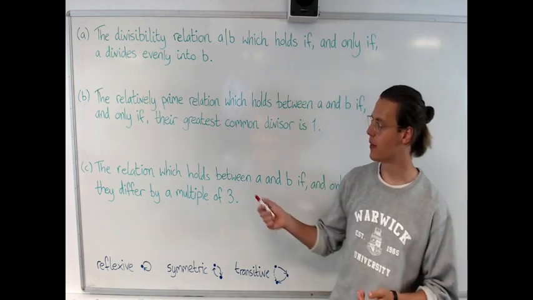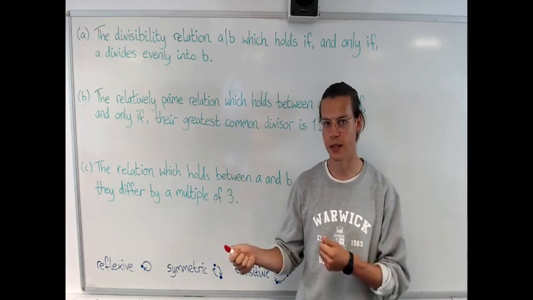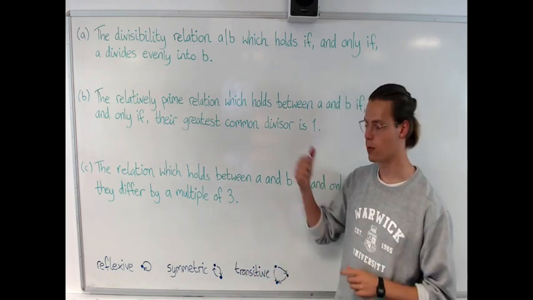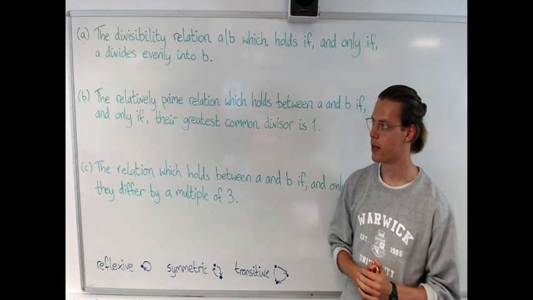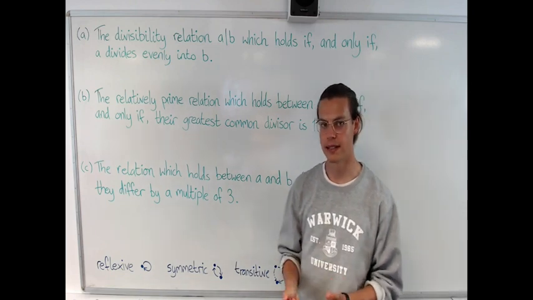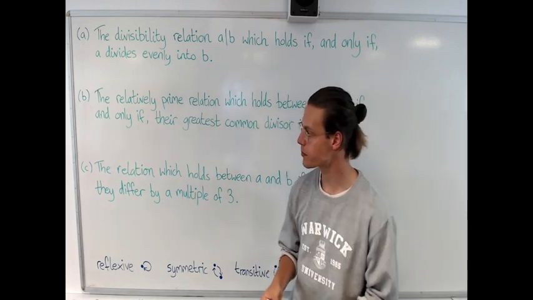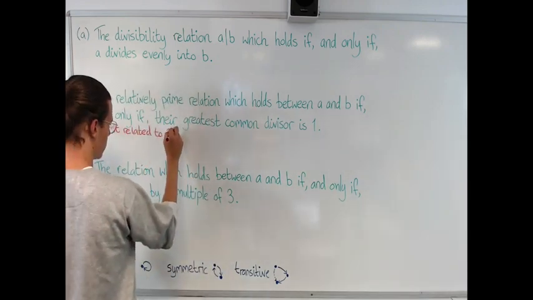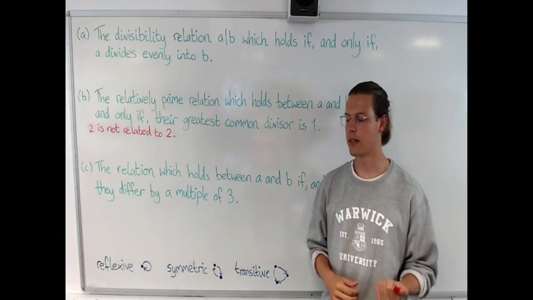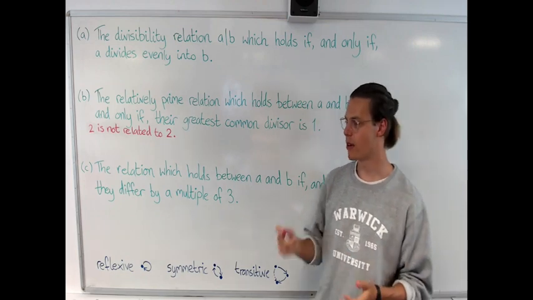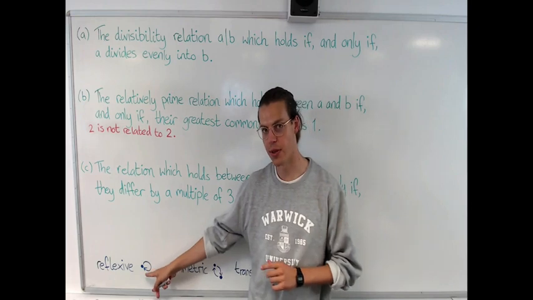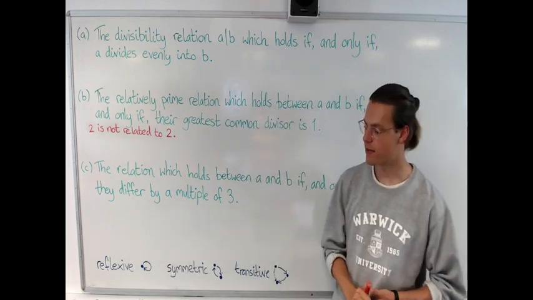The greatest common divisor of 2 and 2 is 2, not 1. And so 2 is not related to itself. And so this relation is not reflexive, since it is not true that every element is related to itself.